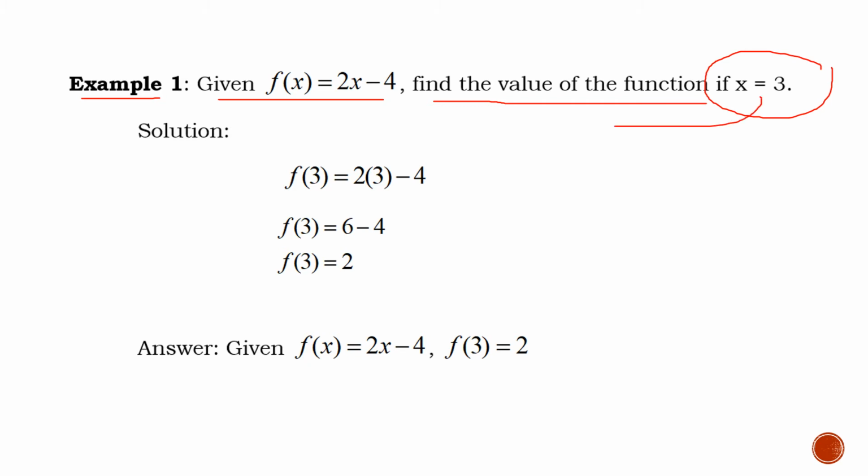So f of 3 is equal to 2 multiplied by 3 minus 4, because we replace x by 3. So 2 multiplied by 3 is 6. Minus 4, it's positive 2.